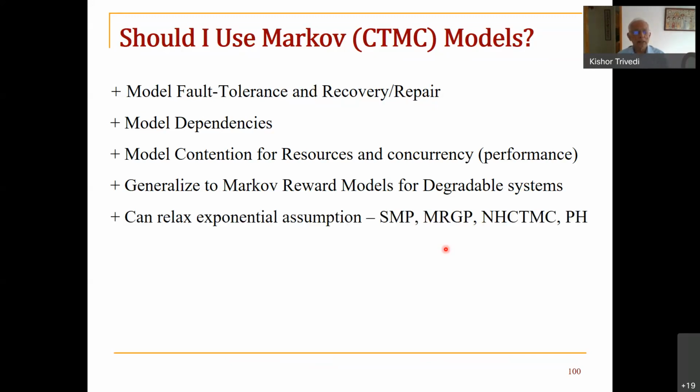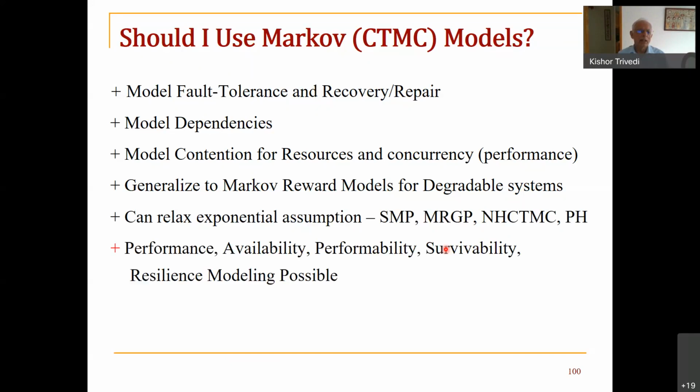They can relax the exponential assumption to lead to SMP, MRGP, NHCTMC, etc. So have we found the panacea? Have we found the final answer? Well, in a sense, yes: performance, availability, performability, survivability, resilience, all this modeling is possible. And we and many others have demonstrated that using real system examples.